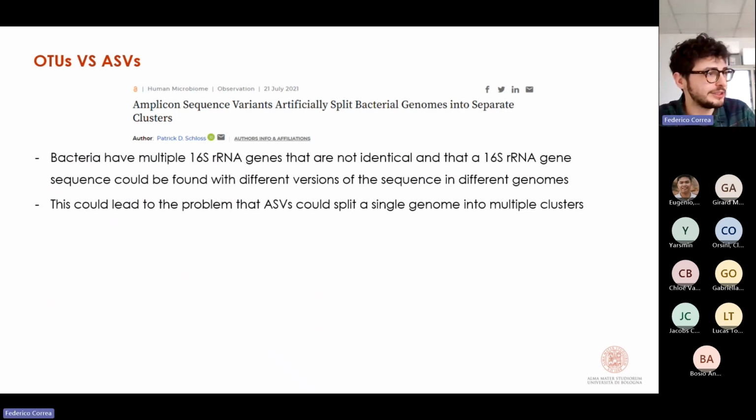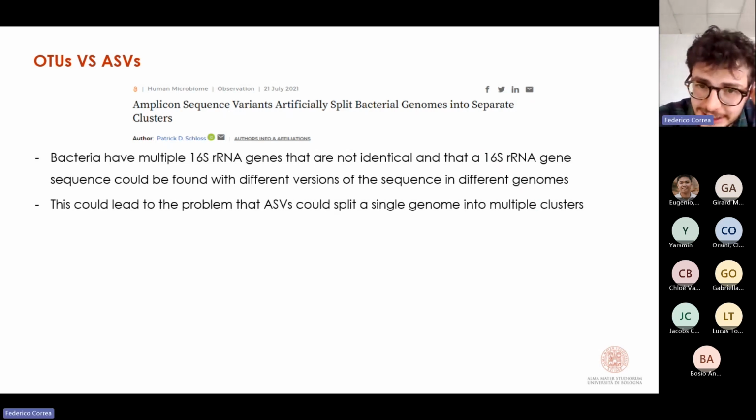And these copies may also have some nucleotides that are different. So with amplicon sequence variants, there is the problem that the genome of a single bacterium can be split into different amplicon sequence variants. And this is usually something that we don't want to happen.